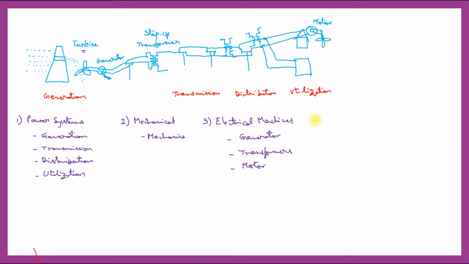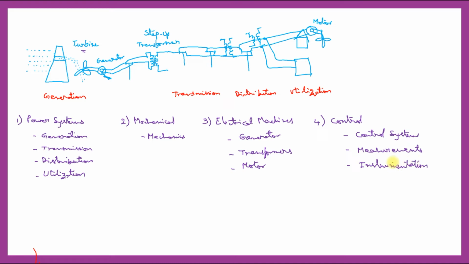Now we need to go ahead with the control part. So how to control this? To control this, we should definitely have control systems as a course. In control systems, we need to measure things, so let me write measurements also. To measure things, we should definitely have knowledge of instrumentation.